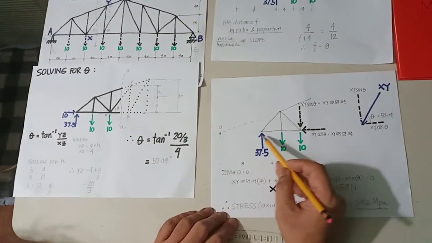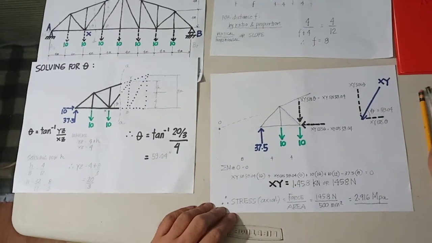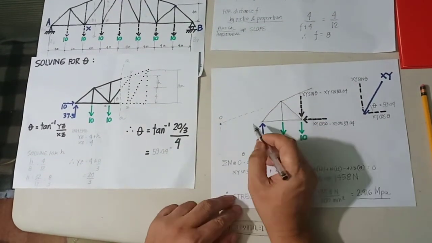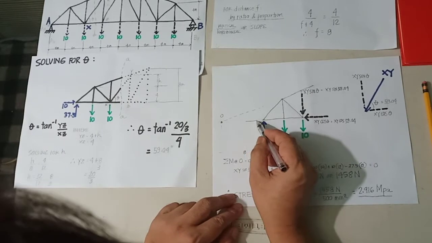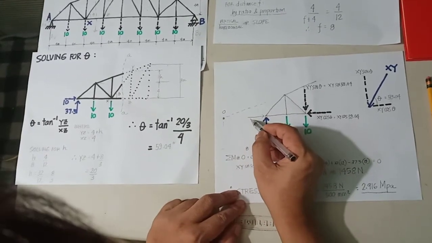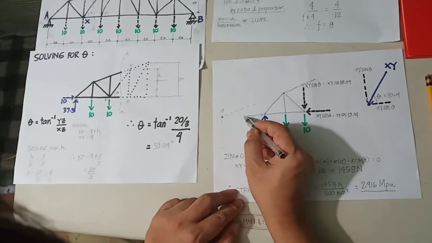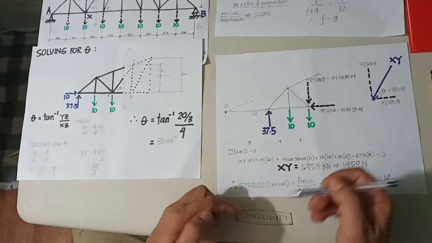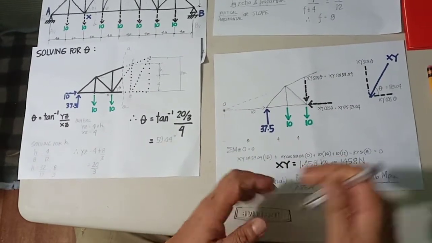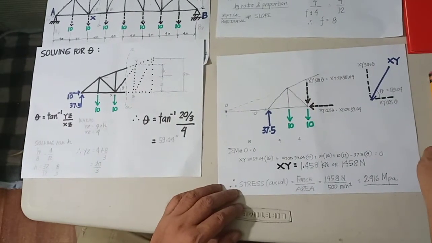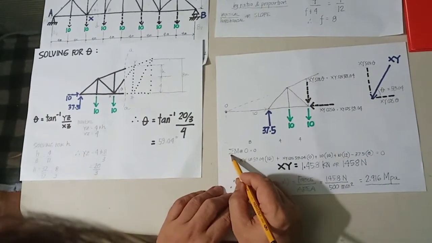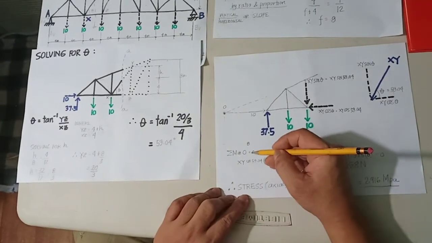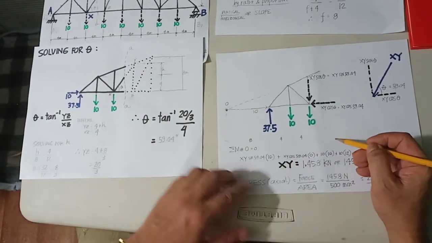Remember that 37.5 was initially solved, and we also have here a force equivalent to 10 kilonewtons. However, that 10 kilonewtons passes through point O, so it has no lever arm, and it won't be considered in taking your summation of moments at O.